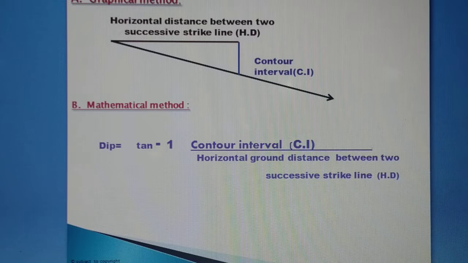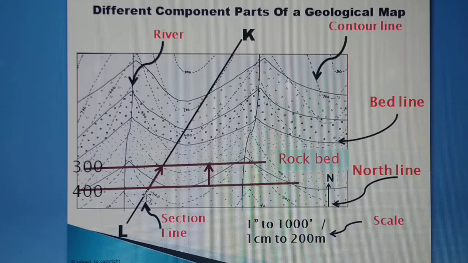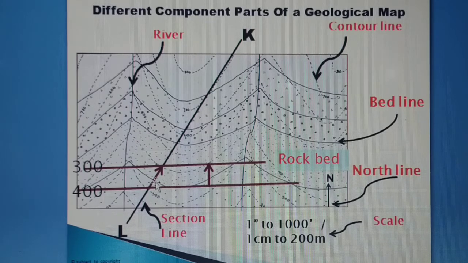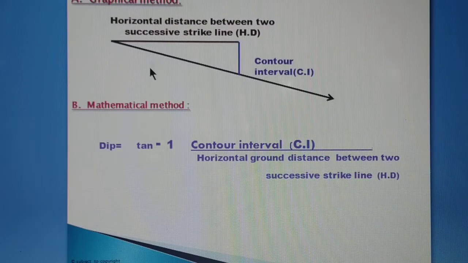Here one thing you have to keep in mind, that this horizontal distance is actually in map distance condition. You have to convert this distance into a ground distance for mathematical methods.